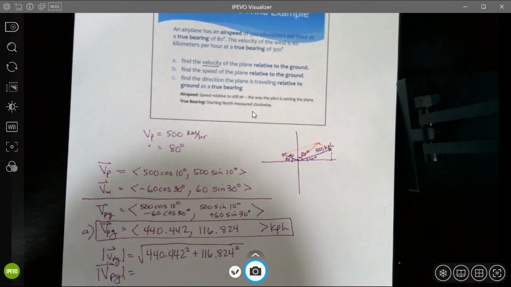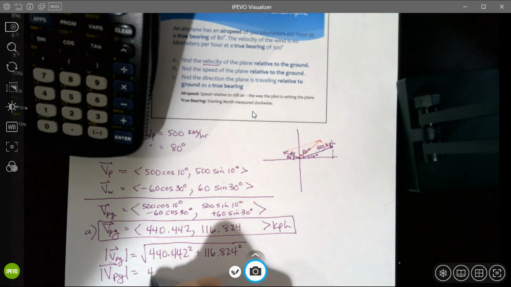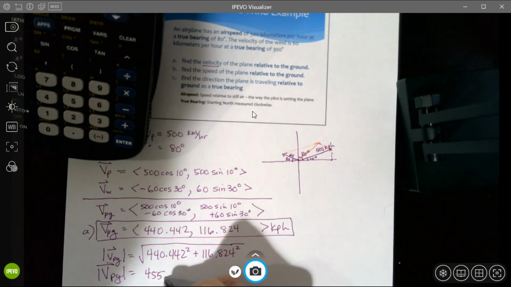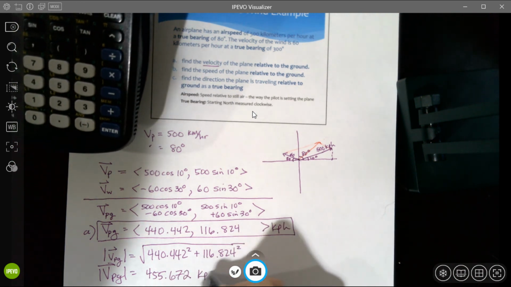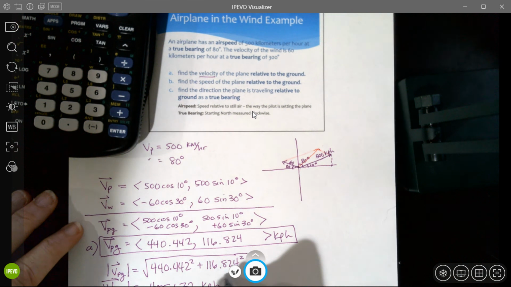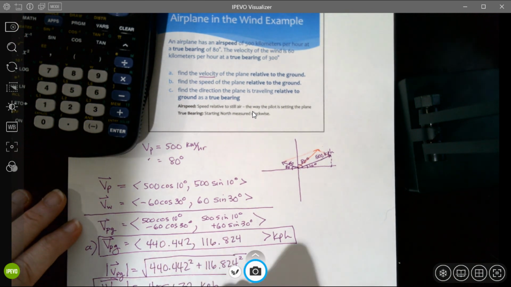Take the square root of the whole thing. What I get is 455.672 kilometers per hour. That's the magnitude of it.